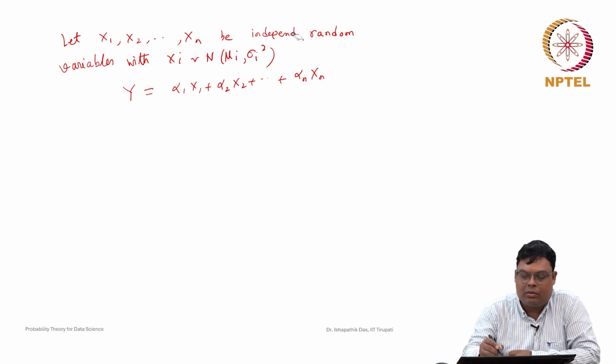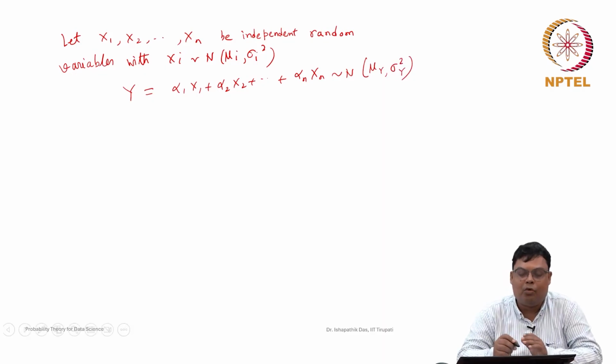These are independent random variables. Now, y will also have a normal distribution, with some mean mu y and variance sigma square y. The proof we will not learn now; later we will learn other important things, such as the moment generating function.